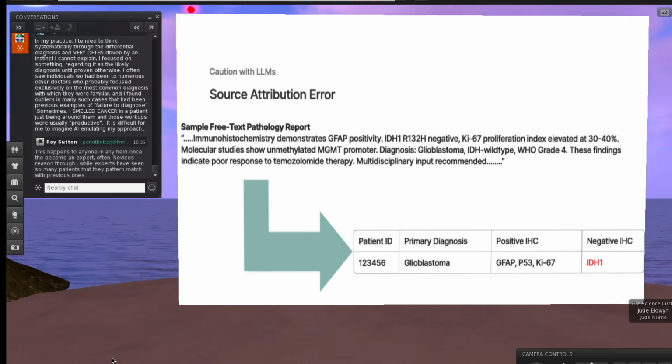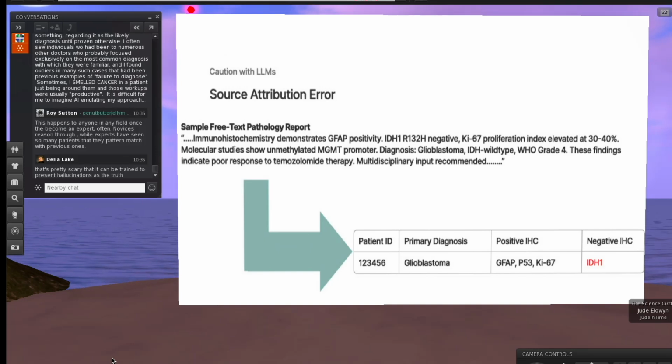So what happens with an LLM is that it would recognize that glioblastomas that are diagnosed are generally IDH negative. They are negative for that mutation. This is true if the primary diagnosis is a glioblastoma, but it's not the case in the report.